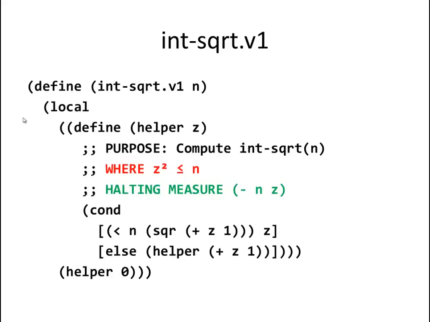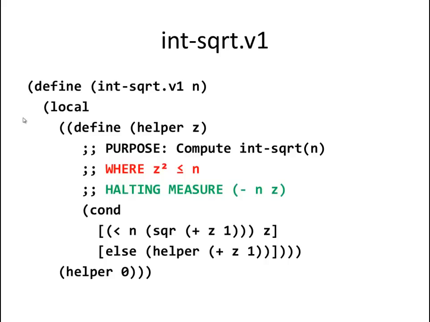My guy z here is not too big, and so, well, let's see. It says if n is less than the square of z plus 1, well, then, by golly, I found my guy. Otherwise, I haven't found my guy, so I can call helper of z plus 1.